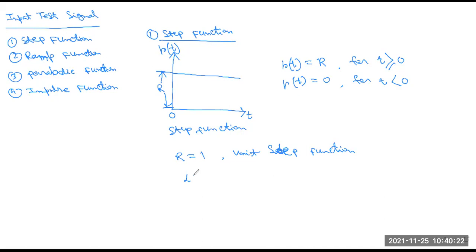When we apply the Laplace transform, R equals 1, the Laplace of 1 is 1 by s. So please remember these things, because these are basically the step functions of the time response analysis. Sometimes the step function is also called the displacement function.